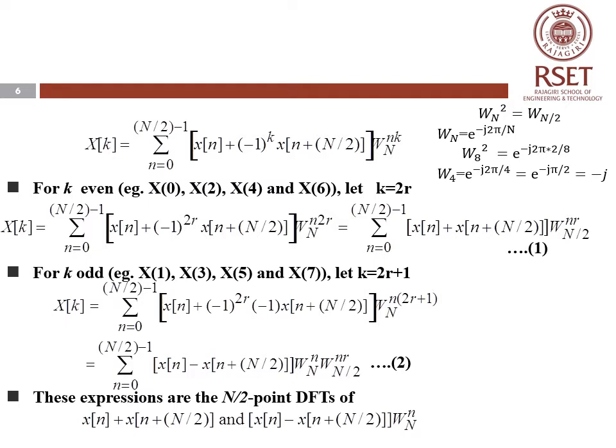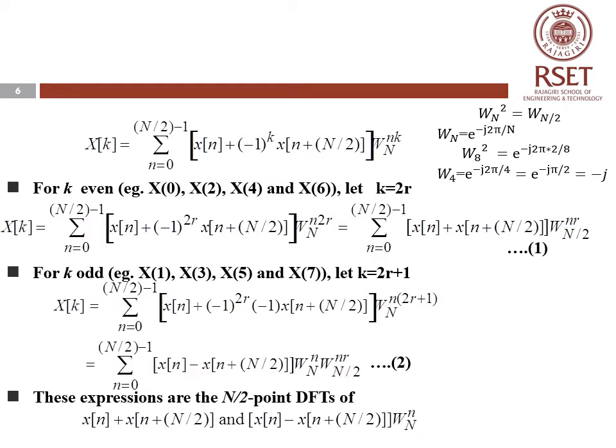Similarly, for odd values of k, that is X of 1, X of 3, X of 5 and X of 7, minus 1 raised to k is negative. As seen in equation 2, X of k is sigma of x of n minus x of n plus N by 2 into W_N raised to n into W_N by 2 raised to nr. So as seen from equation 2, this N-point DFT is converted to an N by 2 point DFT.